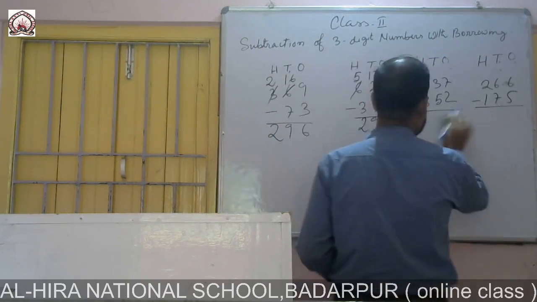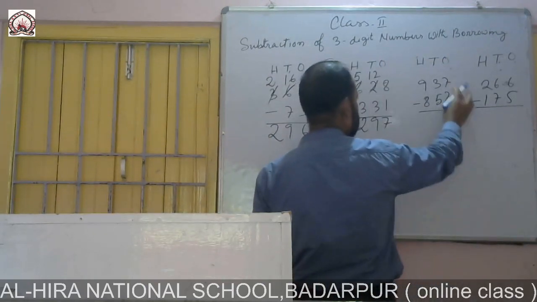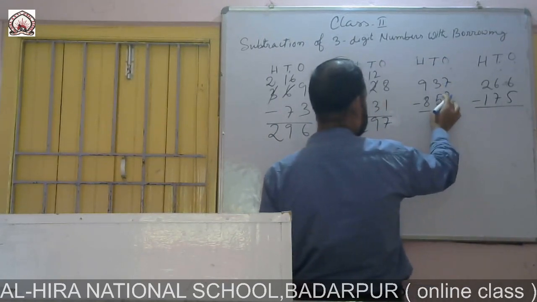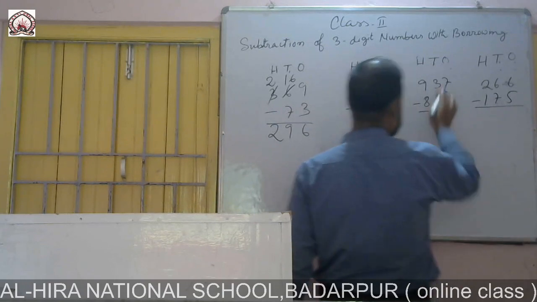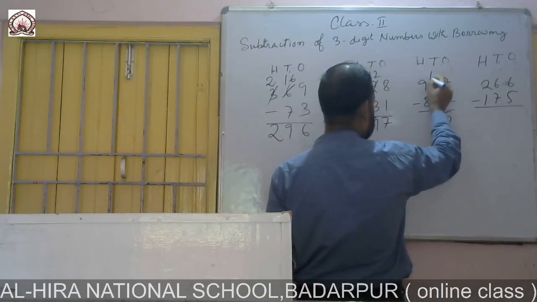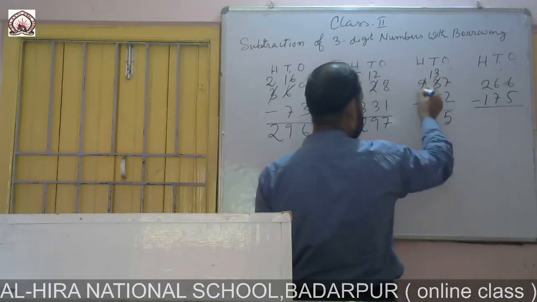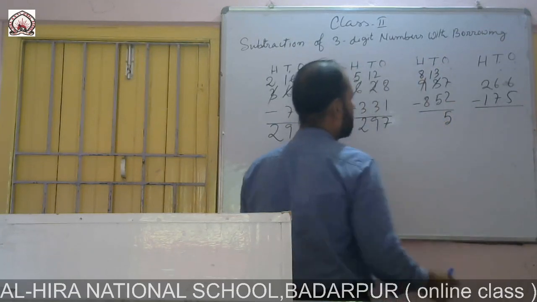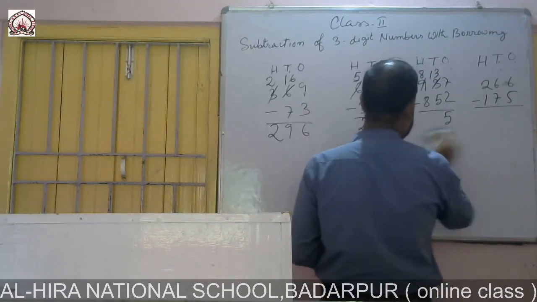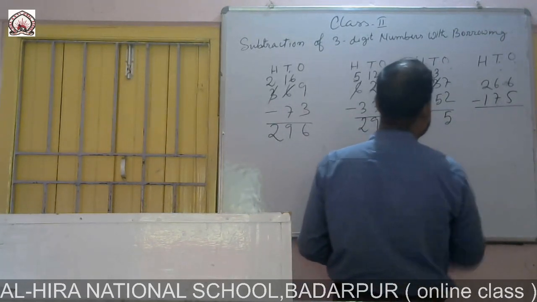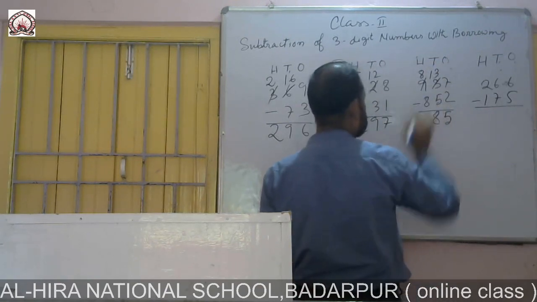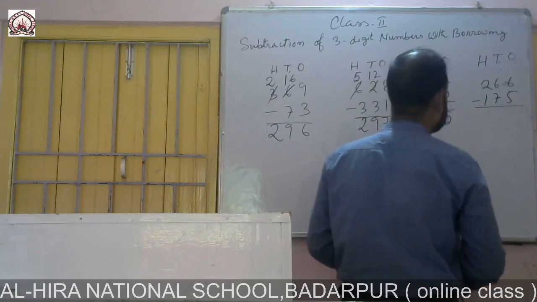Next, 7 minus 2 is equal to 5, and there 3 minus 5 can't, because 3 is small and 5 is big. We borrow 1, then there is 13, and there remain 8. 13 minus 5 is equal to 8, and 8 minus 8 is equal to 0.